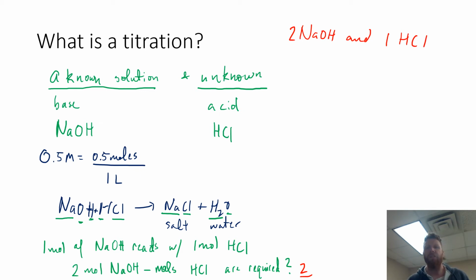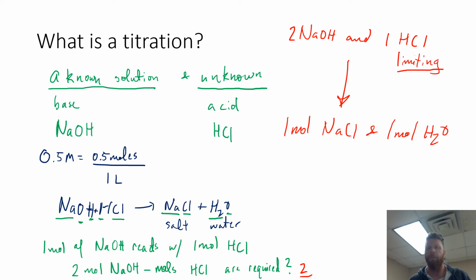That means that HCl is what is known as a limiting reactant. That is going to dictate how much of the products you're going to generate. That one there is going to tell you that you are only going to make 1 mole NaCl and 1 mole H2O.